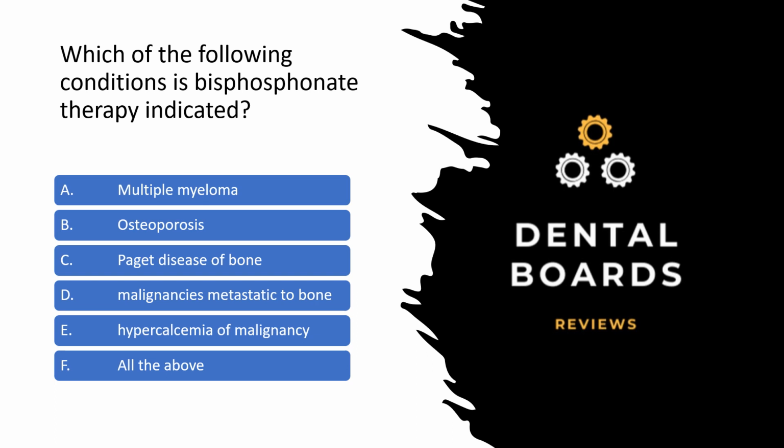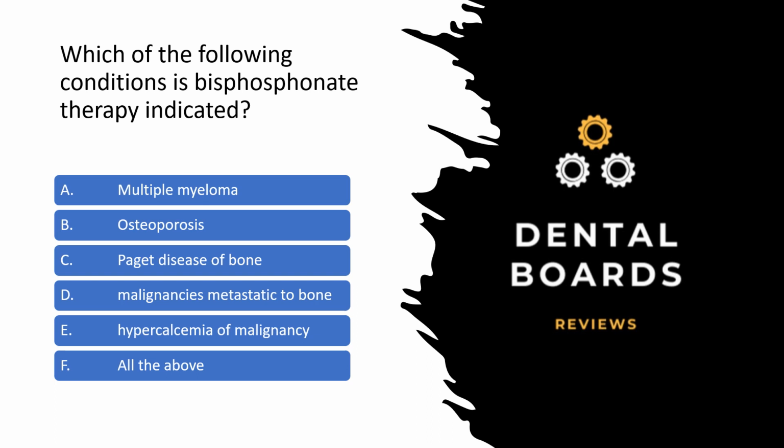Which of the following conditions is bisphosphonate therapy indicated? A, multiple myeloma. B, osteoporosis. C, Paget disease of bone. D, malignancy metastatic to bone. E, hypercalcemia of malignancy.